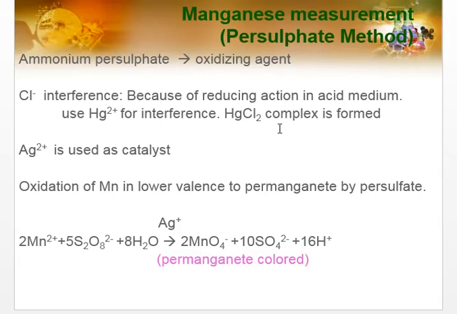A mercury(II) chloride complex is formed. Silver(I) is used as a catalyst, for oxidation of manganese in low valence to permanganate by persulfate. In this reaction, you can see the permanganate color.